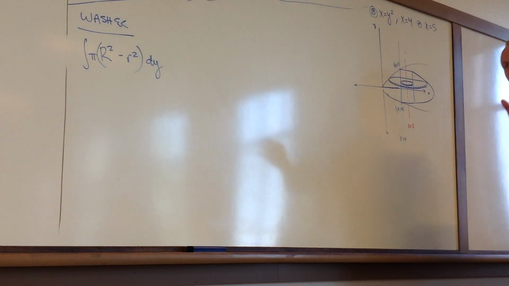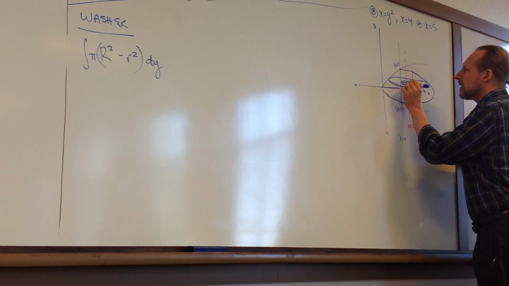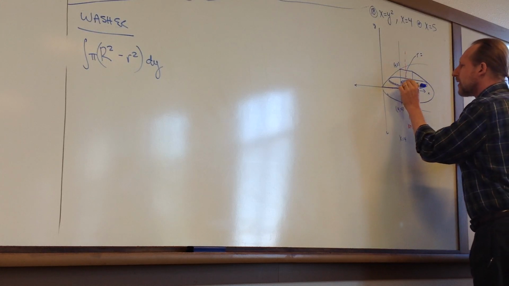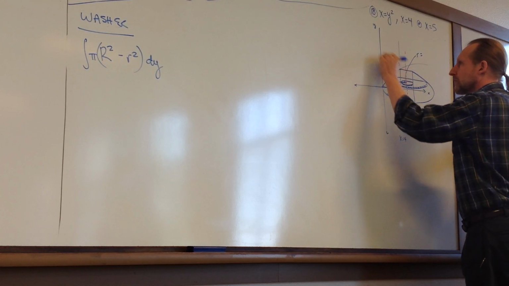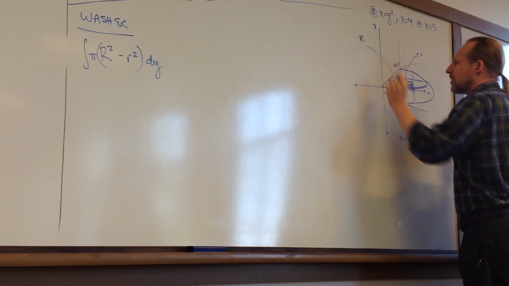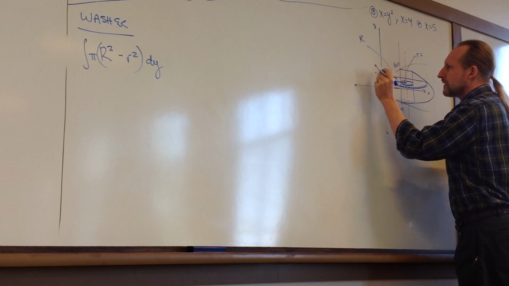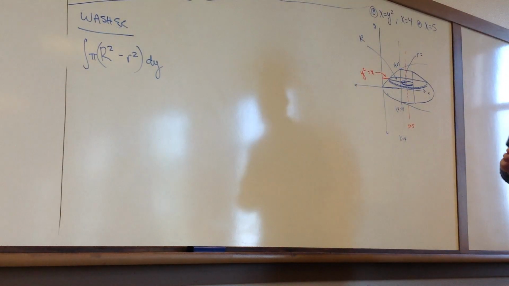Now we need to identify these two radii. Here's the little r right here, and then our big R is going to get extended to there. Now remember that this piece right here is x, which is defined as being y squared.